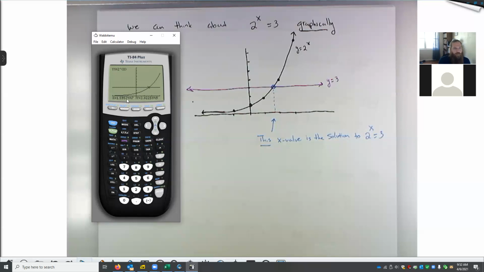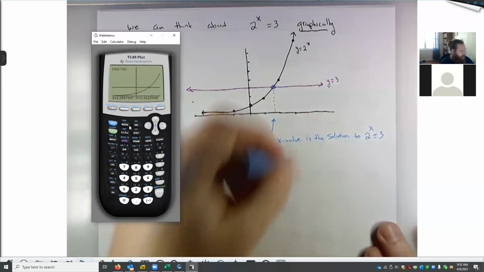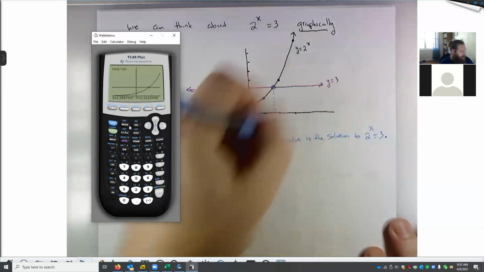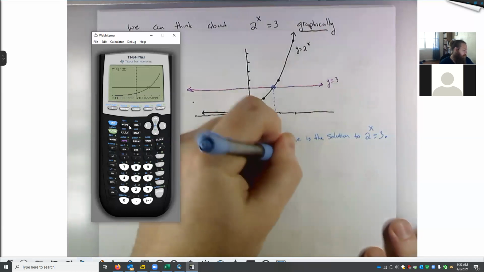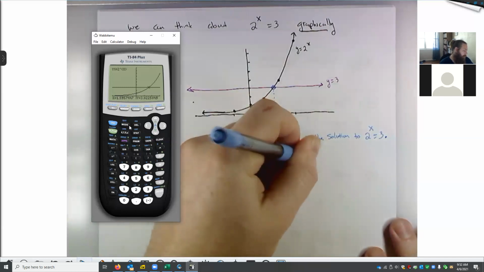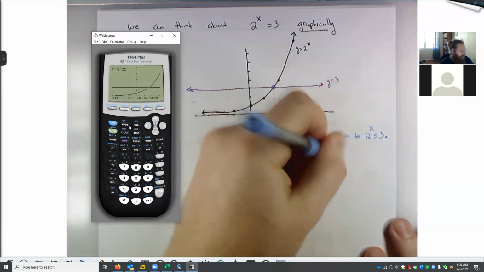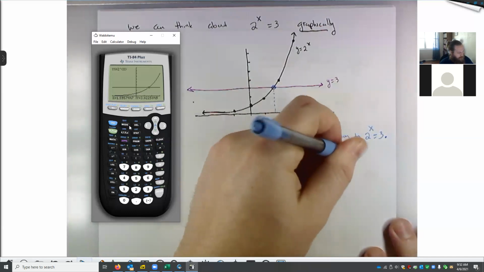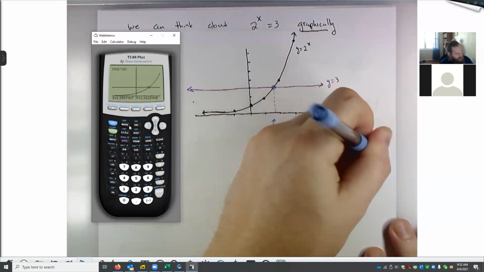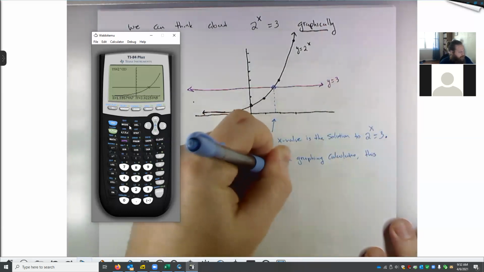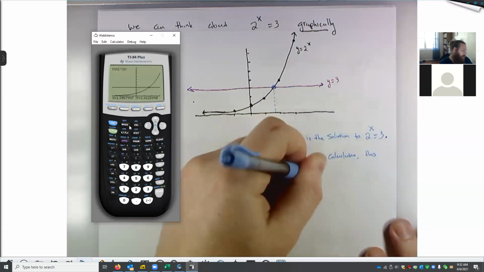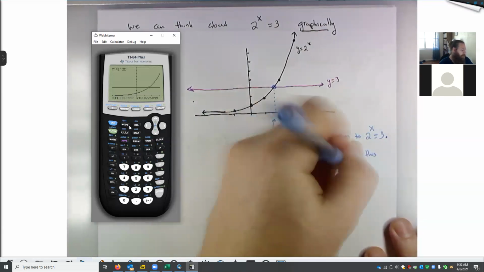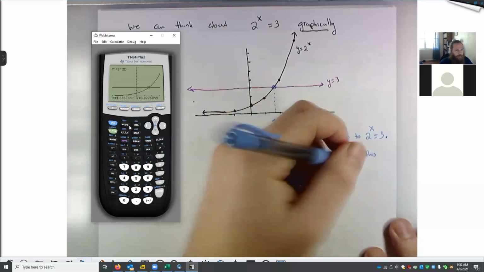So somewhere around 1.58, 1.59, somewhere around there. So from the graphing calculator, this appears to be about x equals, say, 1.58.